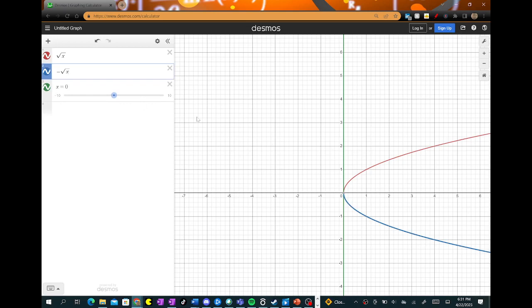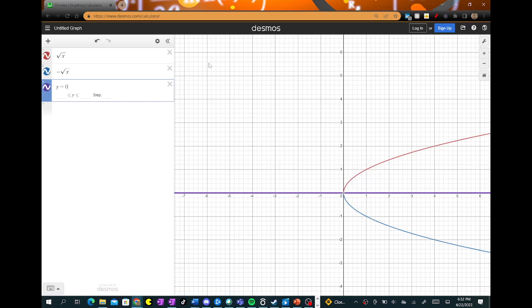Now the line of reflection is y equals 0, which is the x-axis. We have to remember that y equals 0 does not mean the y-axis, it means the x-axis, and x equals 0 is the y-axis, okay? You see how they're equidistant from each other. This distance here is the same as this distance over here.